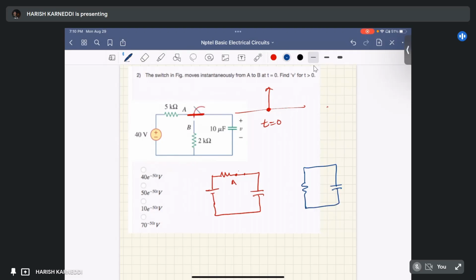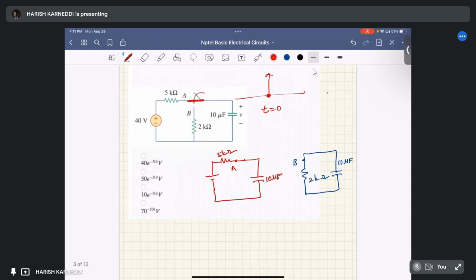It is the B position, with 2 kilo ohm and 10 microfarad, and here it is 5 kilo ohm, 10 microfarad, and it's 40 volts.